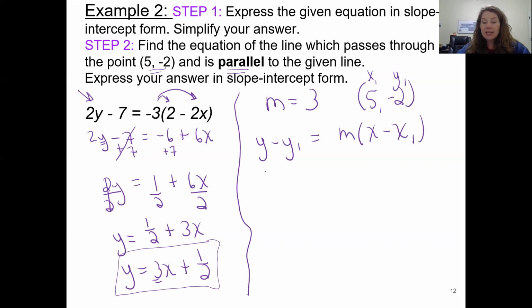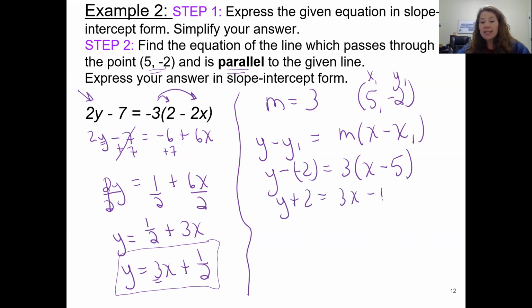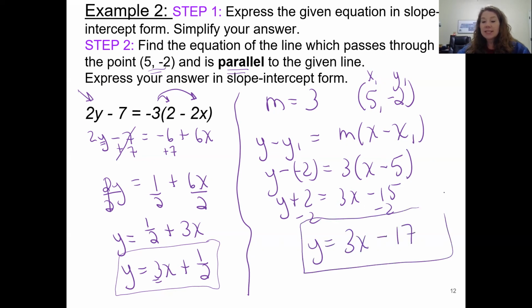I'm going to plug in: y minus -2 is equal to 3 times x minus 5. And then this will be y plus 2 is equal to 3x minus 15. Then when I subtract 2 from both sides, I get the same slope, 3x minus 17, because -15 minus 2 is -17.